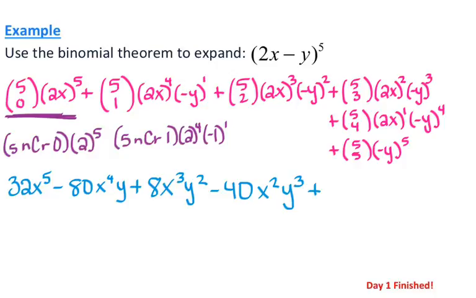plus, now I'm doing 5 choose 4, and then that's 2 to the 1st, -1 to the 4th, which is 10. So that's 10x, y to the 4th. And then finally, I'm doing 5 choose 5.